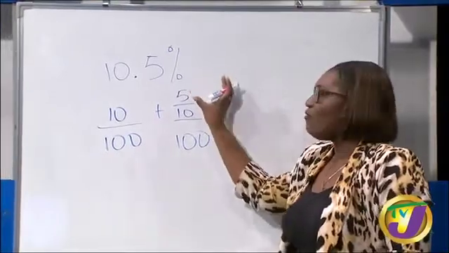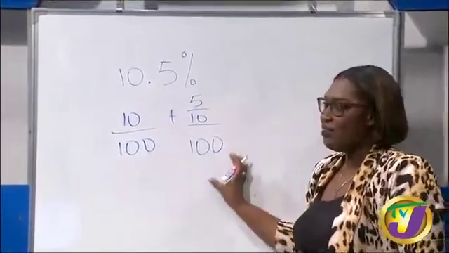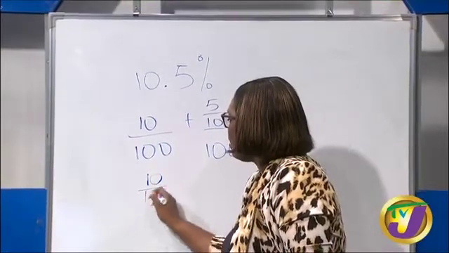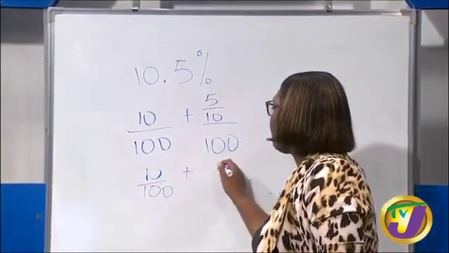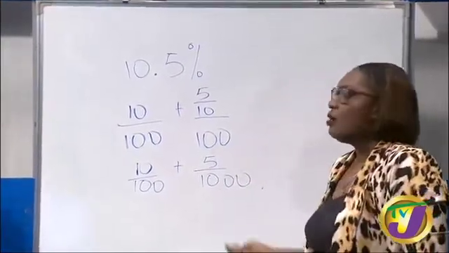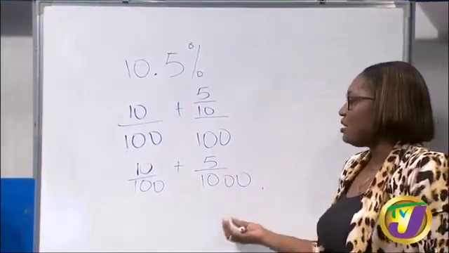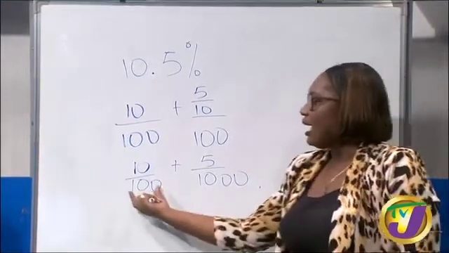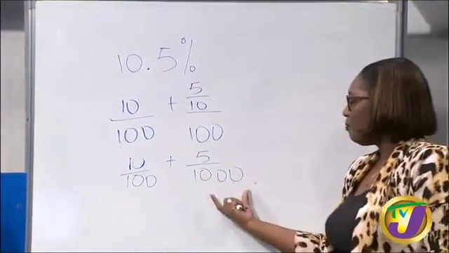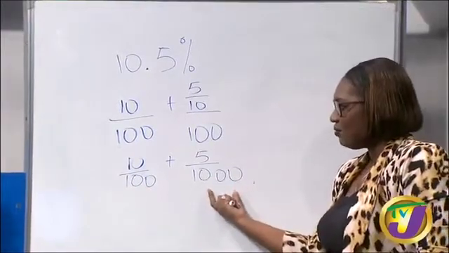Now we need to simplify our fractions. So it is going to be 10 100ths plus 5 1,000ths. We need to form equivalent fractions. As you noticed before, we have one fraction having a whole of 100 and another fraction having a whole of 1,000.